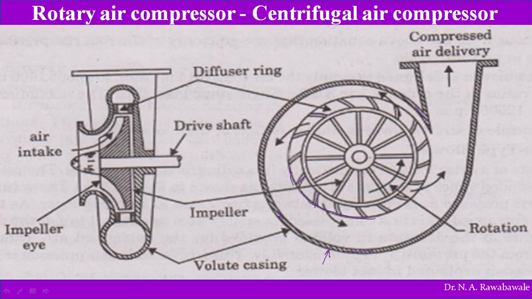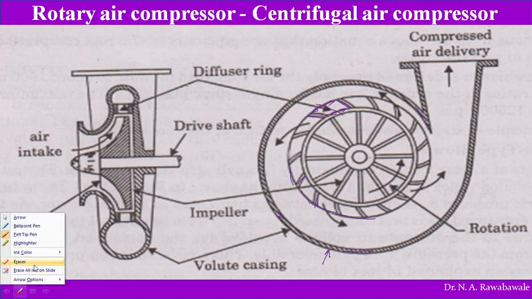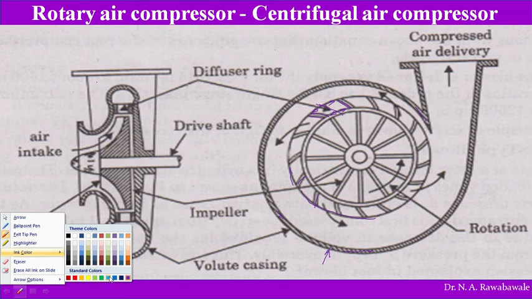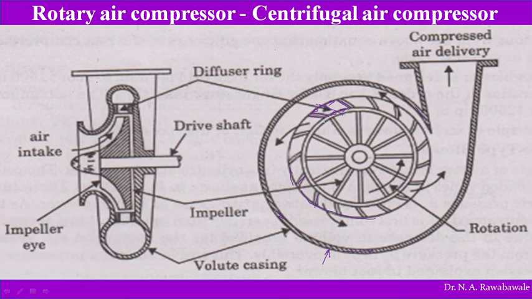Here it has vanes, and if you look at the base of these vanes the space is less, and at the top the space is more. So there is a gradually increasing area in this diffuser, and the innermost part is known as the impeller.